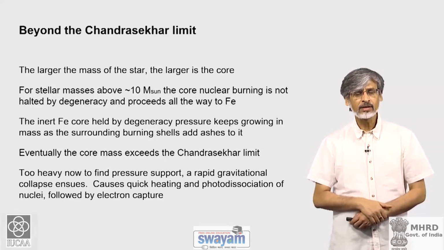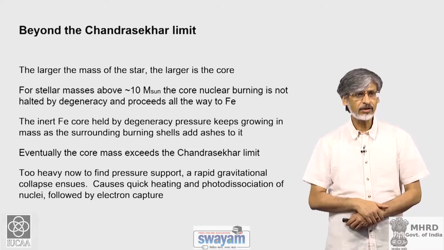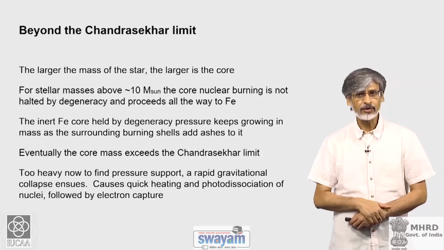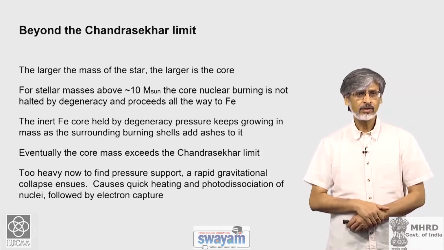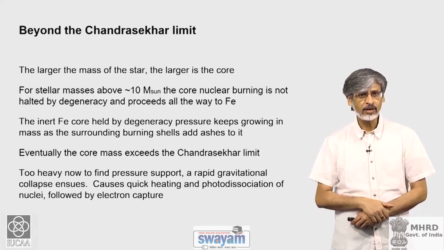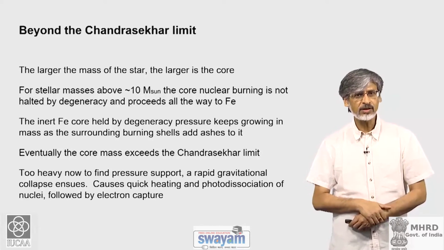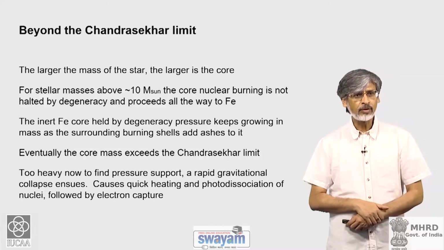This will then give rise to a rapid gravitational collapse. Gravity wins, and gravity will start pulling matter together, now unimpeded by any other pressure force. The gravitational binding energy released in the process will of course heat up the material.